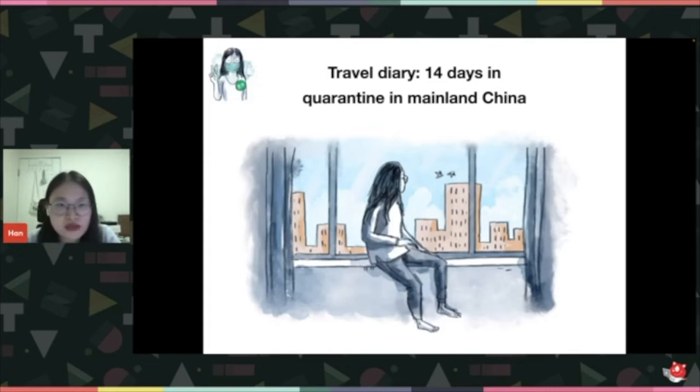But since the pandemic started, both the mainland side and the Hong Kong side closed the border. So when I planned to travel back and visit my family in 2020, I thought it would be interesting to show my personal experience, as a lot of people are still unfamiliar with how the quarantine goes. And China is always famous for its toughness in containing the virus.